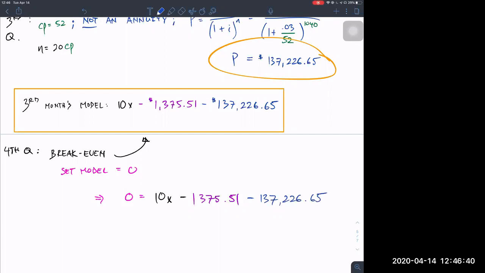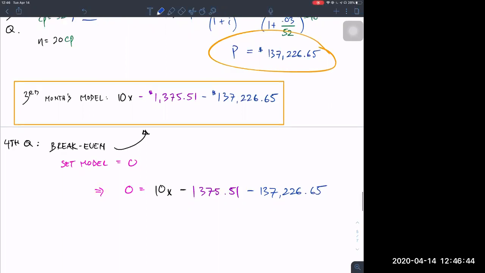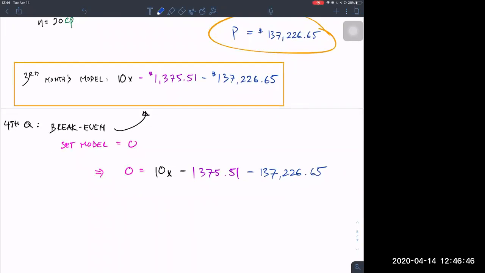And now this is the time to combine numbers together, because we're solving for a single number here. Okay, so you combine these two.